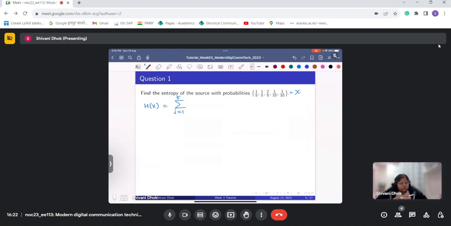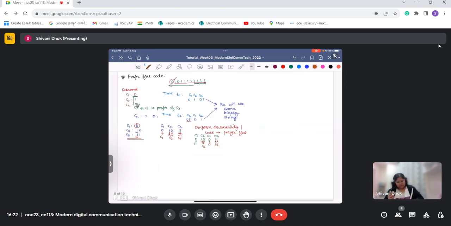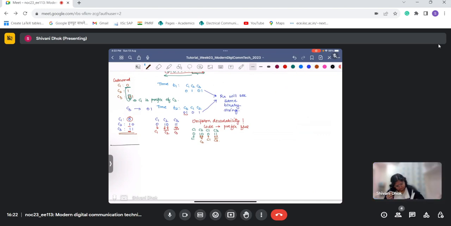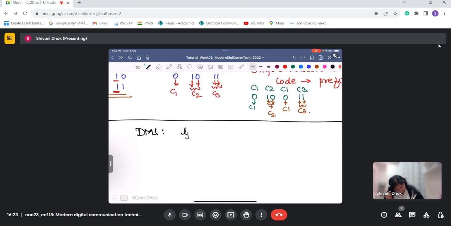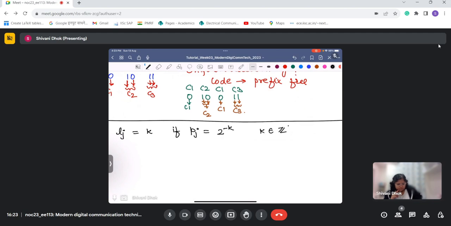Ma'am, in discrete memoryless source, in the lecture, SAT derived that for a code word A1 A2 to AM, if the probability Pj is 2 to the power minus k, where k is a positive integer, therefore Lj equals k.